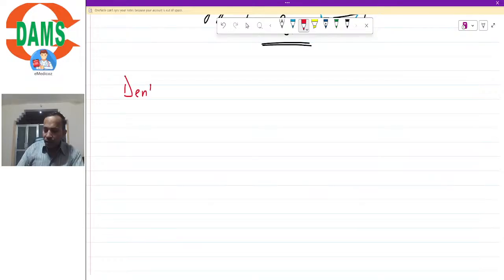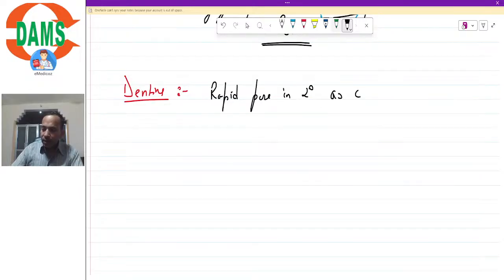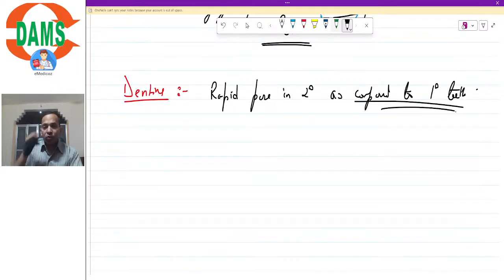Now let's come back to dentine. So I had told you that dentine forms at a rapid pace in permanent as compared to primary teeth, isn't it? So now where would more of dentine be seen?